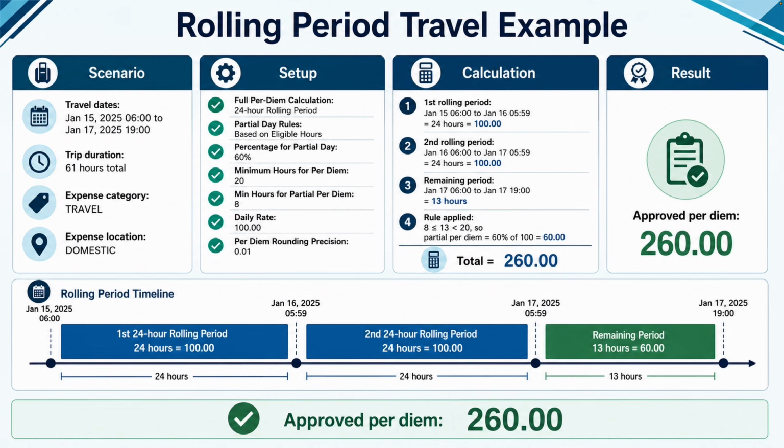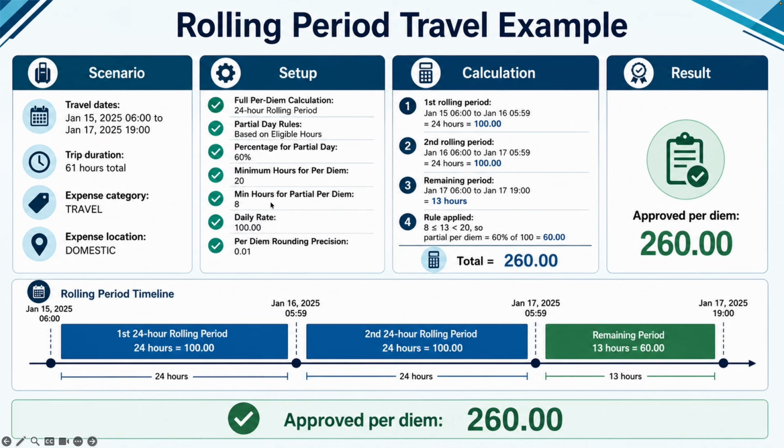So the third thing is that you say percentage for partial day. So you only get 60% of it. Okay, for 100 you only get the 60% of it, and minimum hours for per diem should be 20, which is not this case because it has only 13 hours.